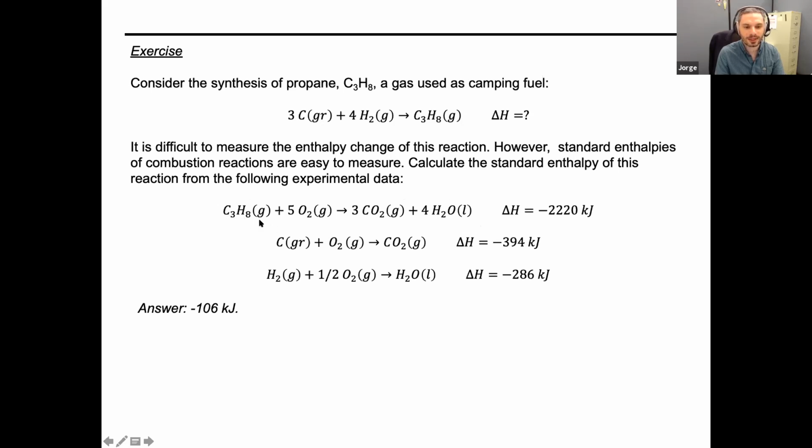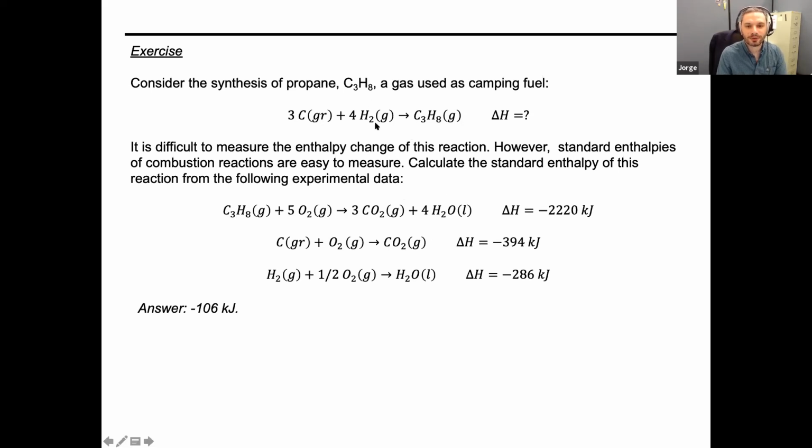However, we see propane on the left side, and we need to move it to the right side. So right out of the gate, I know that I have to flip this reaction to move propane from the left side to the right side. That's the first thing you must do. When you flip, you also flip the sign of delta H.